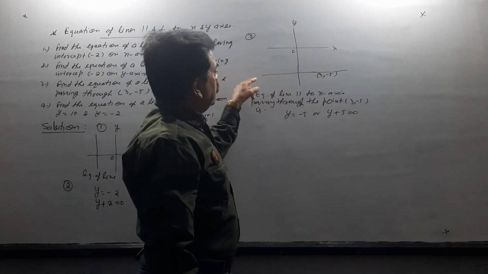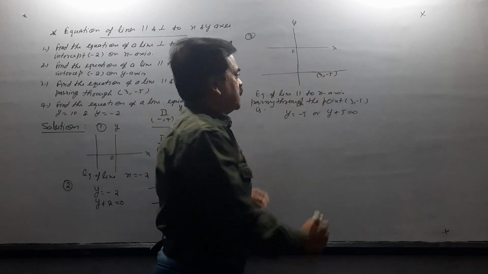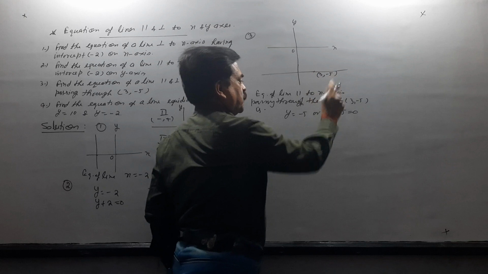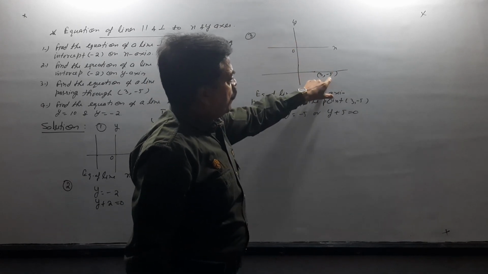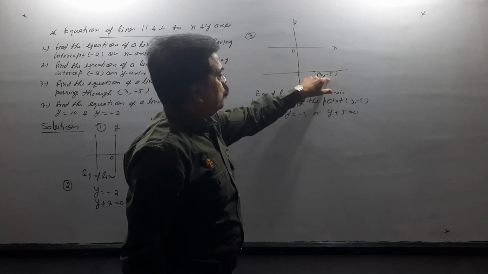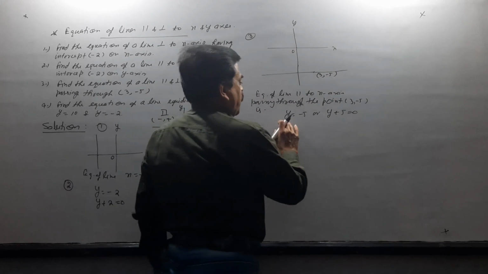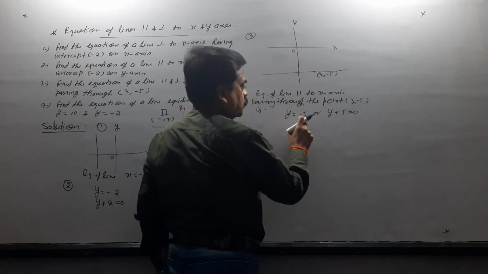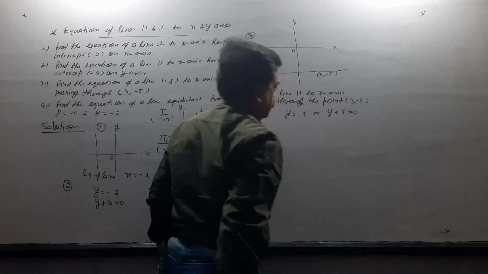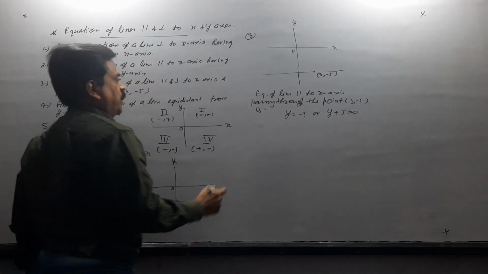Again I repeat, line parallel to x-axis is this, and this line is passing through this point whose coordinates are 3 and -5. This distance is equal to 5, negative sign showing that line is below the origin. So y equals to -5 or y plus 5 is equal to 0, a line parallel to x-axis passing through given point.